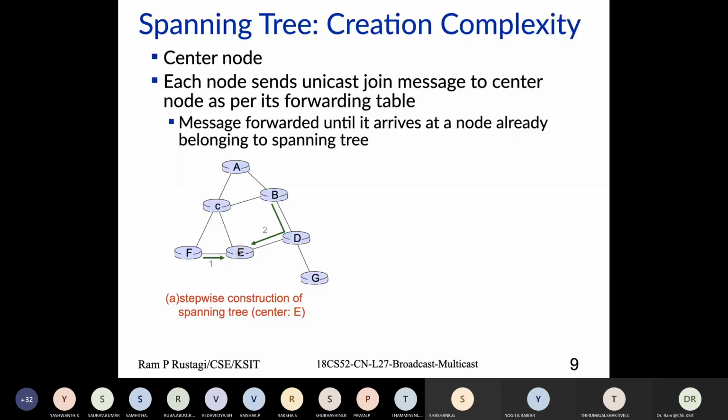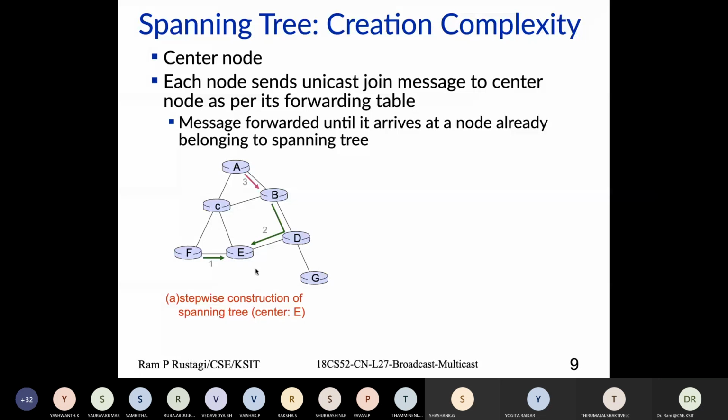B sends a message to E and B follows the path D and E. So both the edges BD and DE become part of the spanning tree. Next, A sends a message to E, assuming A follows the path B, D and E. When A sends a message to E, it comes to B. B has already become part of the spanning tree, so B does not have to forward this message.